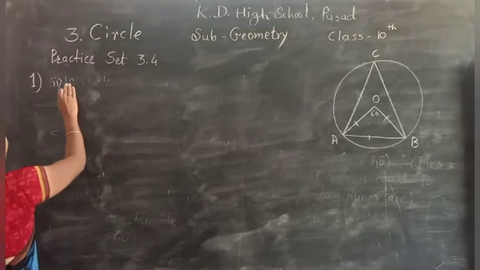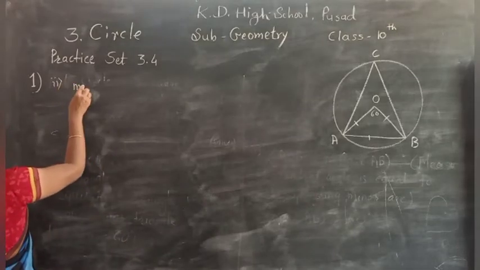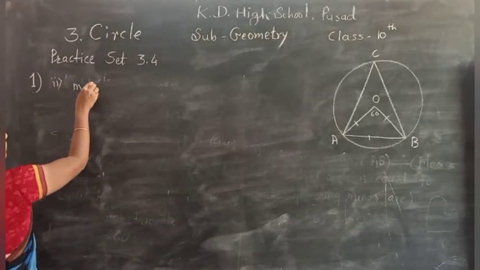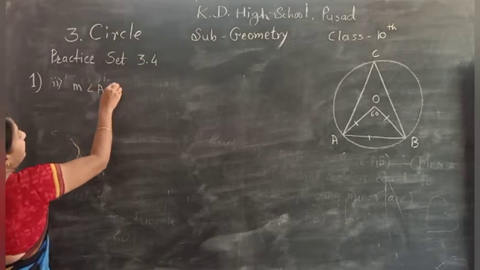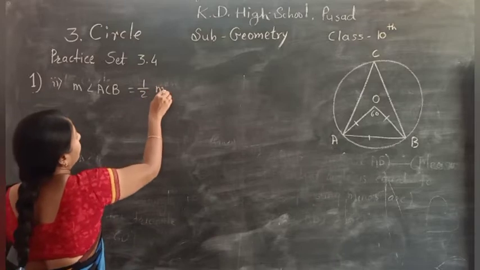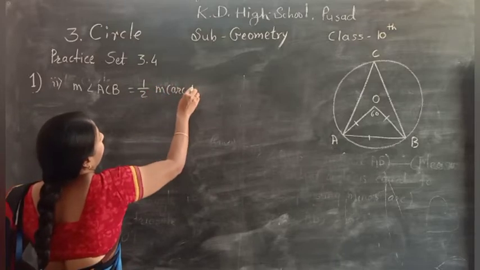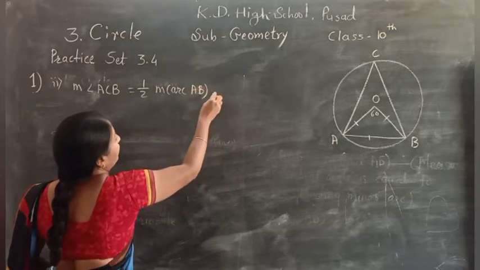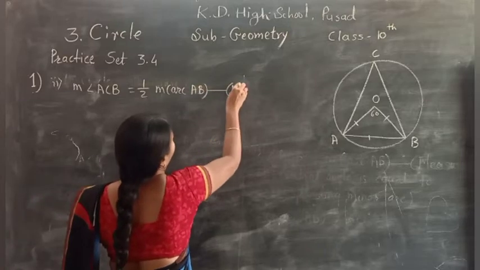Measure angle ACB is half of the measure arc AB. And what is the reason?